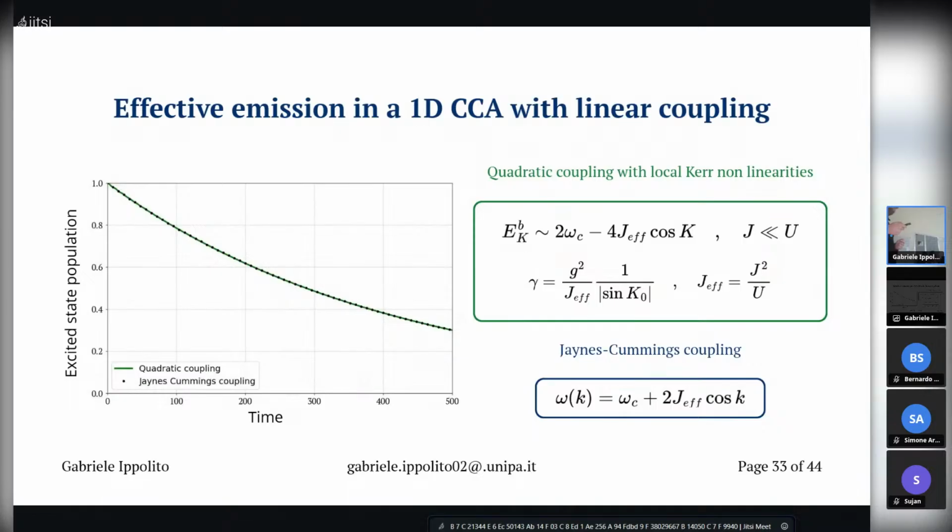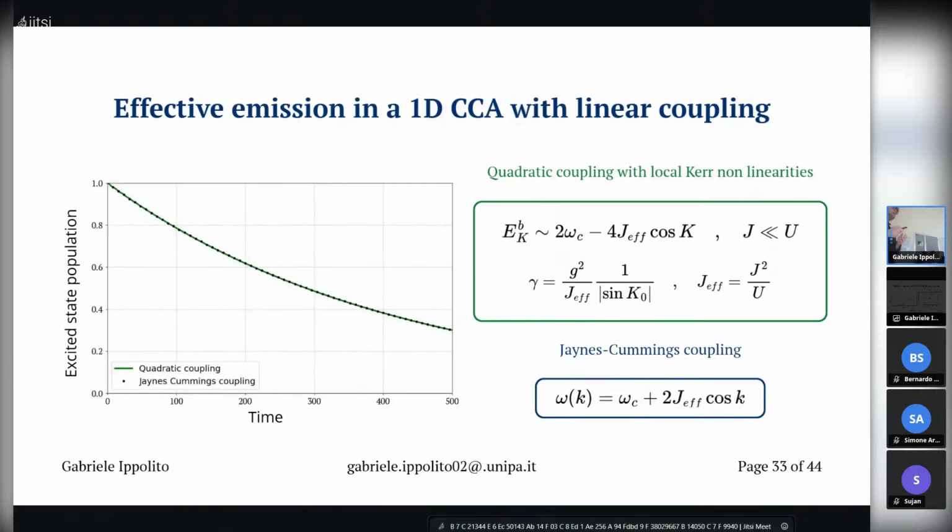And indeed, one can show that if we consider the regime in which J is much smaller than U, this means that we are interested only in the bound states without the contribution of the scattering states.